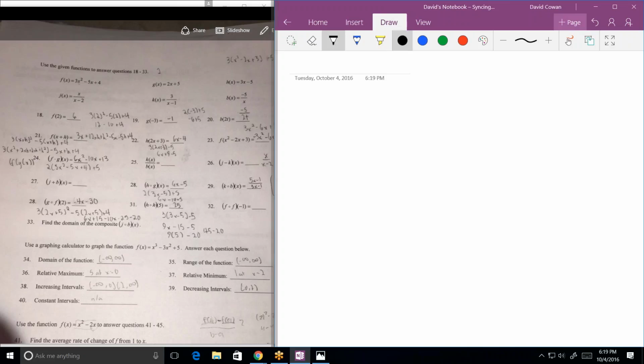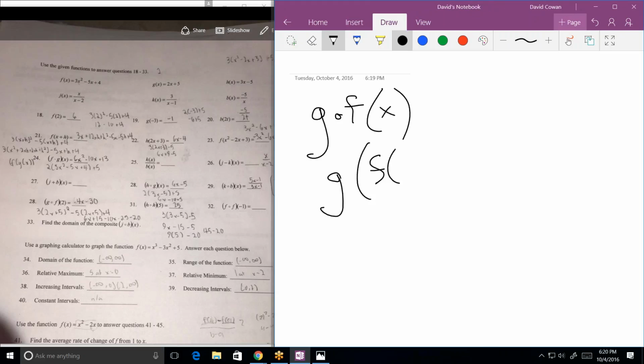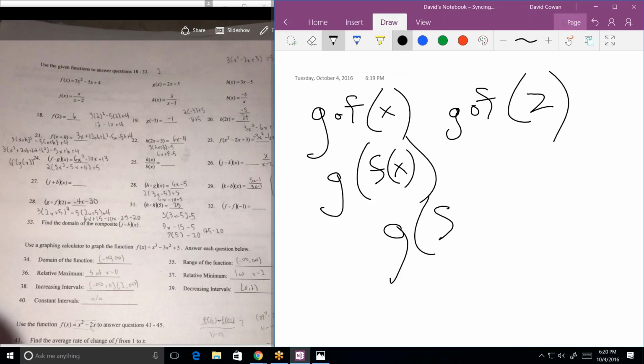Okay. So here, let's talk about that. G of f, sometimes referred to as g circle f, is the same as g of f of x. So if they say, what is g circle f of 2, then you're going to do g of f of 2.